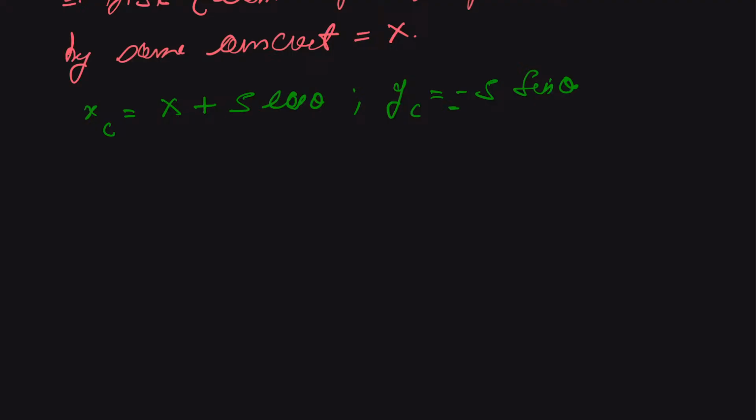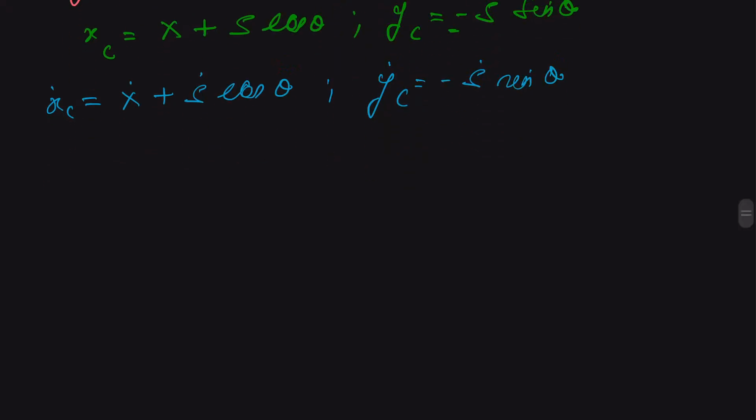If we differentiate it once, the velocity x derivative will be equal to x derivative plus s derivative cos of theta. Similarly, y derivative will be equal to minus s derivative sine of theta.